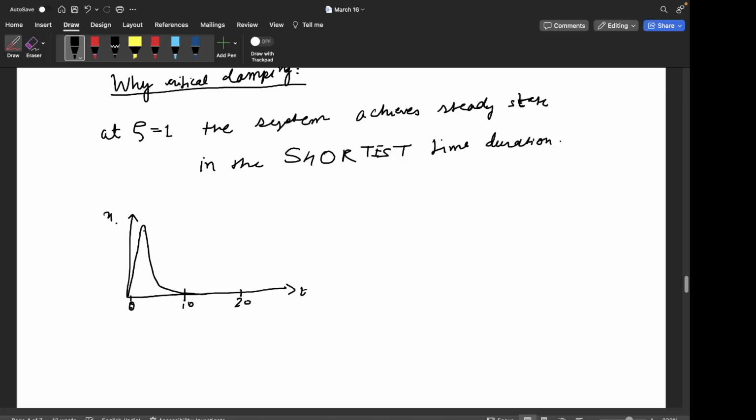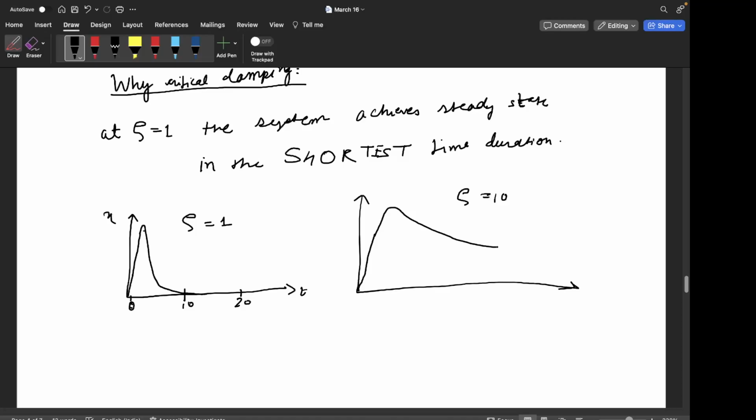This is time, this is x, and if this is for xi equal to 1, then for the same system, let's say for xi equal to 10, not very accurate figures, but I'm just putting it here so that you get an idea while referring to them, and it will be something like this. So still going towards 0. Okay, x and t. So this is over damped, this is critically damped.